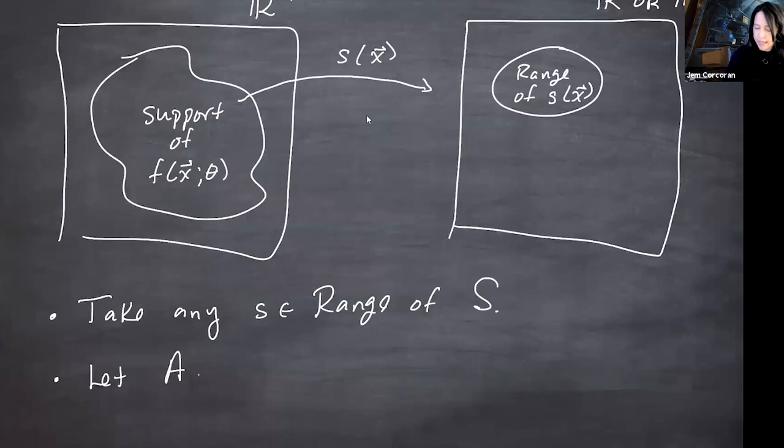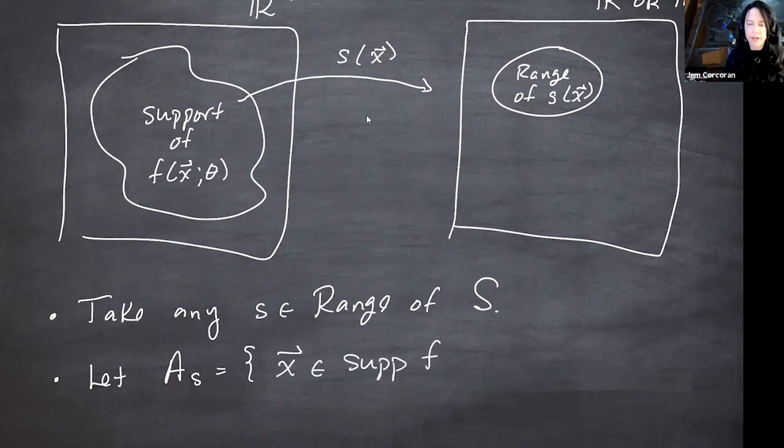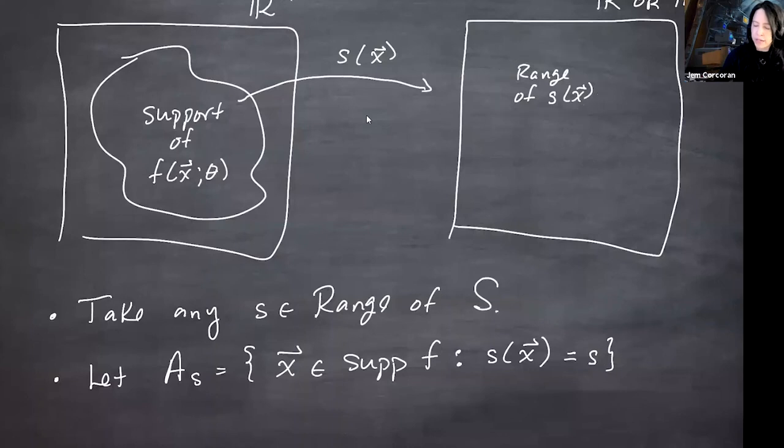I'm going to define A sub s to be all of the x's in the support of the joint PDF, so I'm just going to write support of f, such that S of x maps to that fixed little s. So the pre-image of that point little s, I want to make this bigger so I can draw some things.